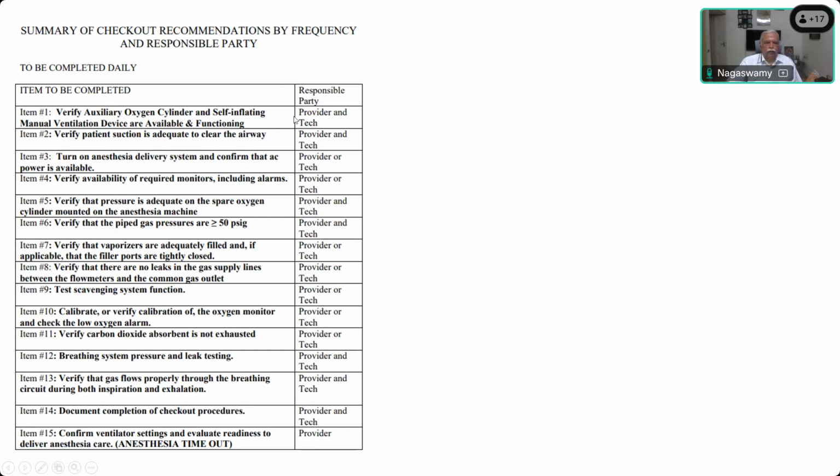So you have to make sure that you check the machine on the Monday when you start the first case, so that you are always on the safer side. So verify auxiliary cylinder, verify patient suction, and turn on anesthesia delivery system, confirm AC power is available, and then required monitors are there. This is what she said about the 15 things that are to be done.